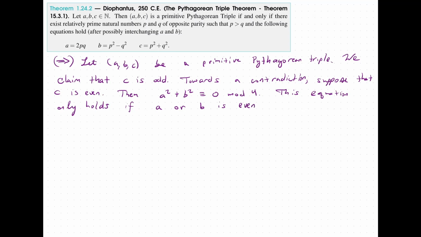Because if A and B are odd, we're going to have A squared is 1 and B squared is 1, and that's just going to give us congruent to 2 mod 4.